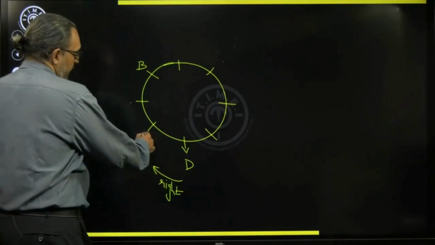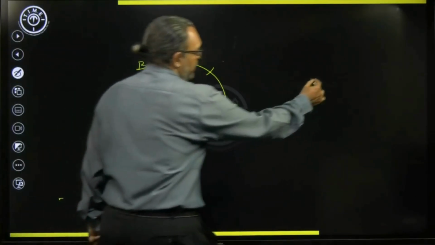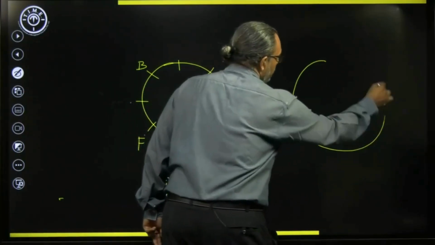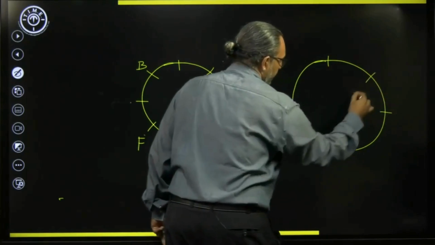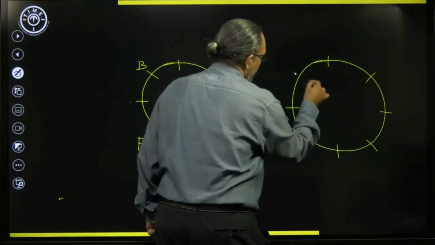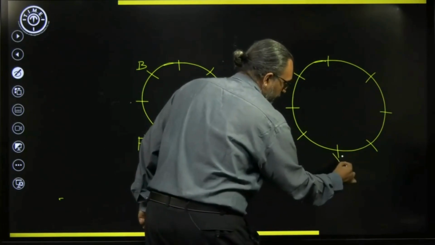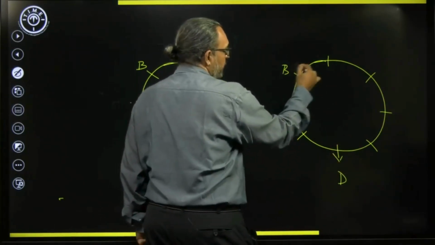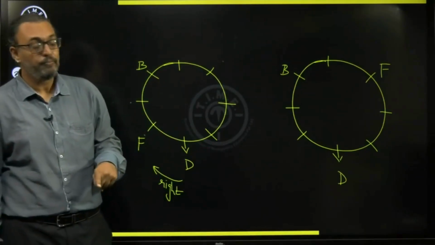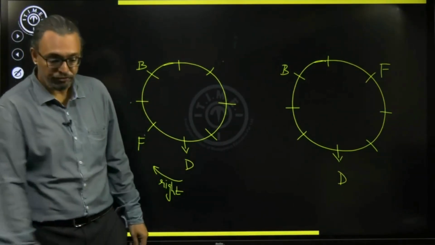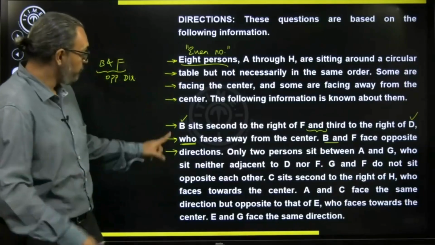So, in one case I will put F here, okay, and I will take one more circle. So, 8 people. So, I have D here facing away. So, third to the right of D is B. Then I can have F here also. Now, once I have F here, I can now fix the direction of F, because on which side of F is B?